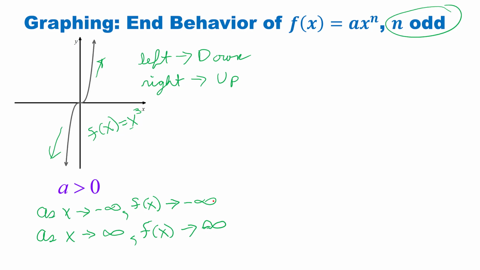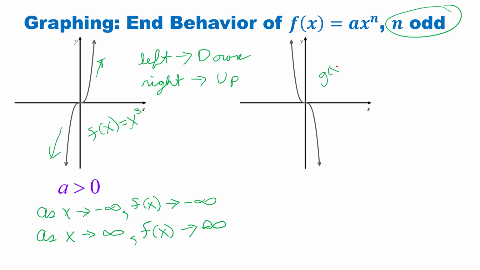Okay. Flipping this graph across the x-axis, we have g of x equals negative x cubed. Okay, for g of x equals negative x cubed, we still have n is odd, but here a, which would be equal to negative 1, is less than 0. What's happening with end behavior as we go to the left, our graph goes up. As we go to the right, our graph goes down.